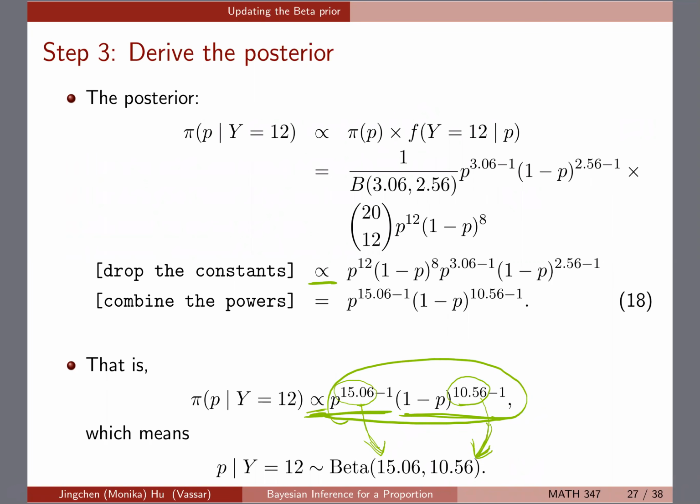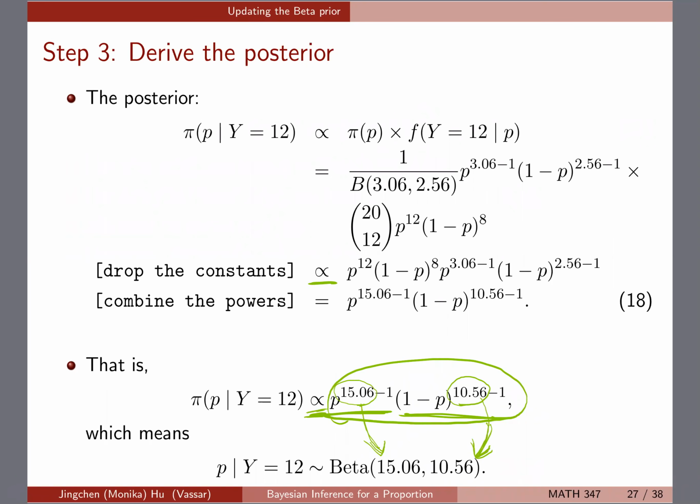But for now, let's just accept that if you start with the beta with 3.06 and 2.56 as the two parameters, and then you combine with your 12 out of 20 as your data, you arrive at a new beta distribution with 15.6 and 10.56 as the two parameters, okay? So this is a known distribution.